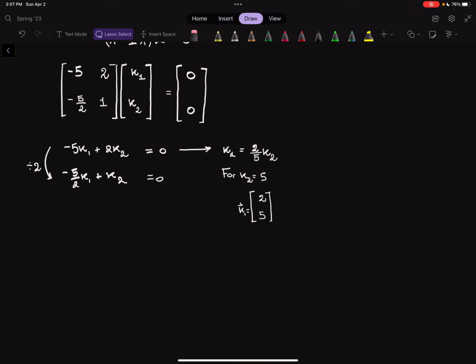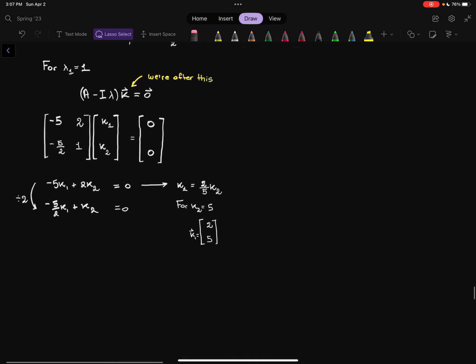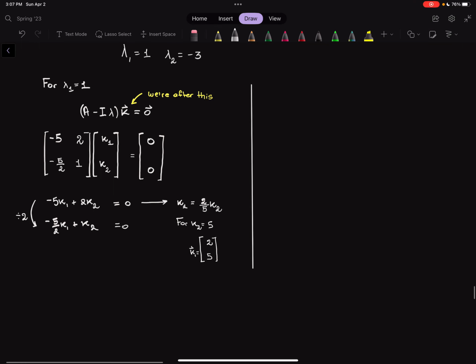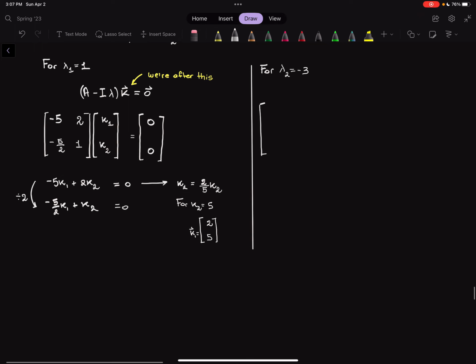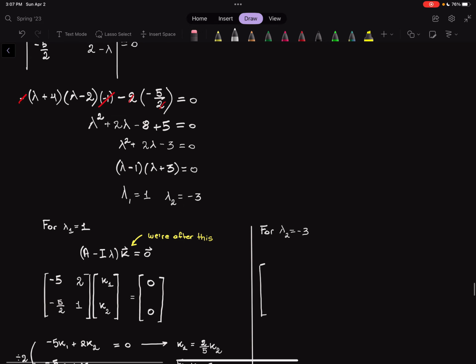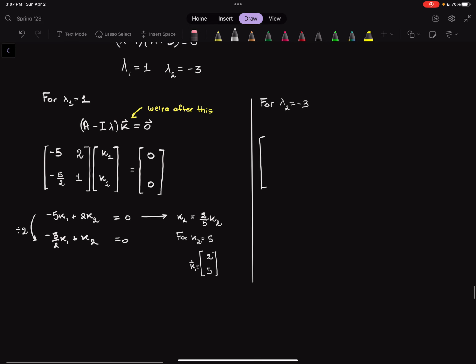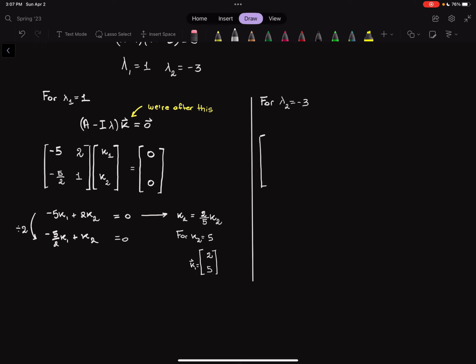We can do a similar process for the other value. So what was the other value? For lambda 2 equals -3. Now we're going to input it back into our expression here, and we're going to have -4 minus -3, which is -4 plus 3, which is -1.